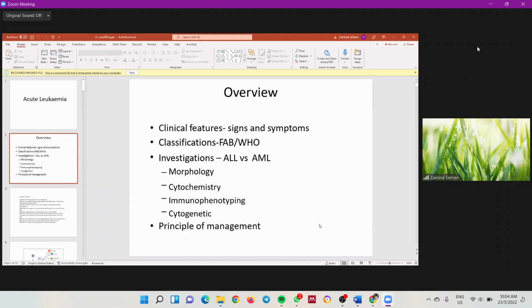A little bit on classification, FAB as well as WHO. FAB stands for French, American, and British, not the Fab soap that you use to wash your clothes. As well as investigations for ALL and AML, and a little bit of the principles of management.